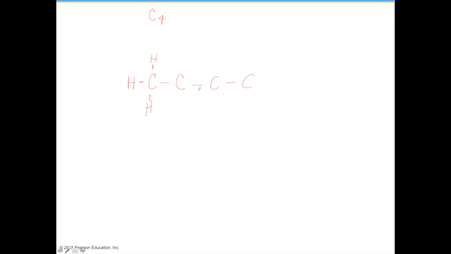Around this carbon, we have to have 4 as well. All right. So this is 1, 2, 3, 4, 5, 6, 7, 8, 9, 10, H10. This is butane. All right.